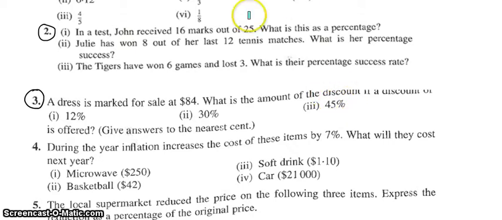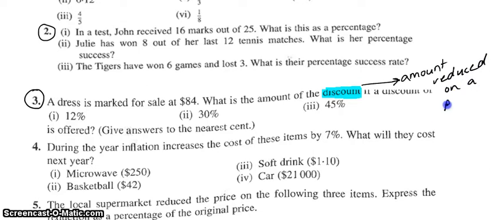Now the word discount here, which we need to be familiar with, is the amount reduced on a purchase. Okay, so if I bought something for $84 and let's say it was 10%, we know that 10% of $84 will be $8.40 because it's 84 divided by 10, so $8.40 would be the discount if it was a 10% discount.